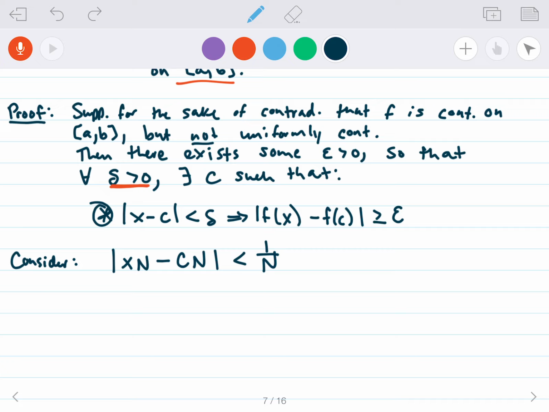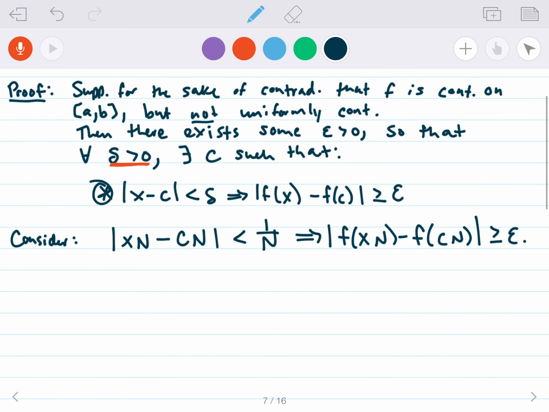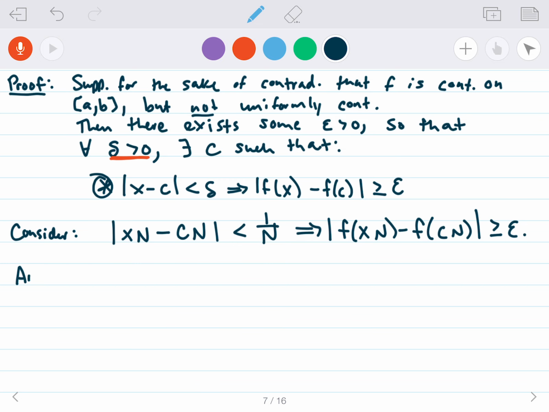So this should imply that f of x sub capital N minus f of c sub capital N is going to be bigger than or equal to epsilon. And x sub n and c sub n are living in our compact interval from a to b for each n.